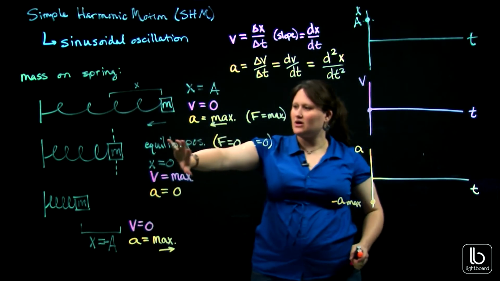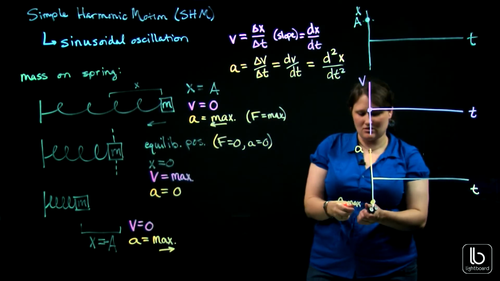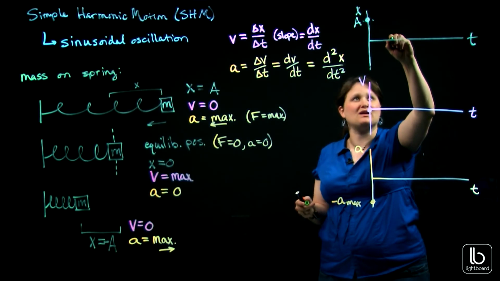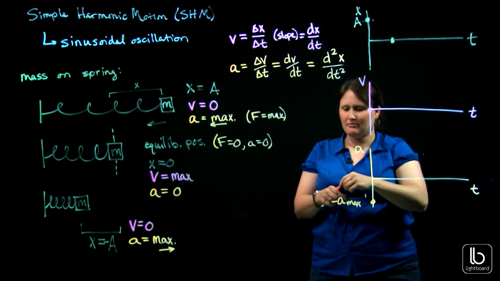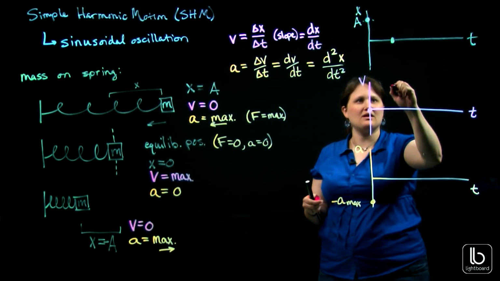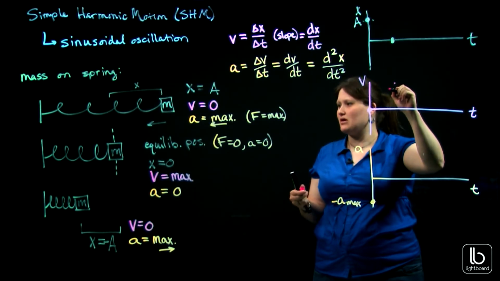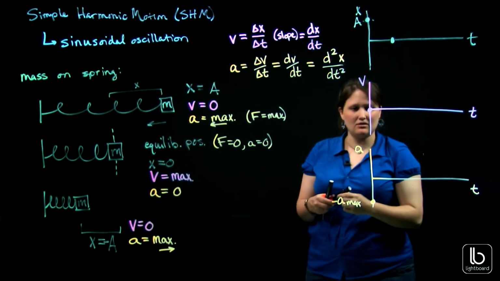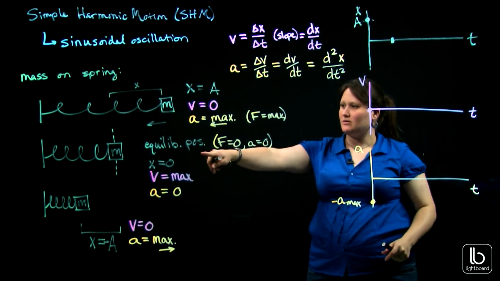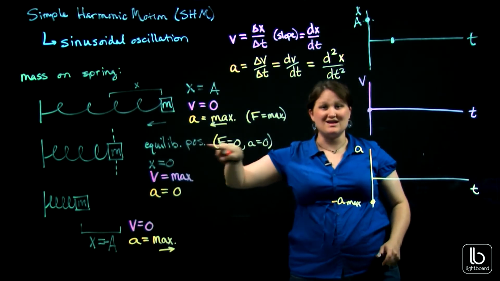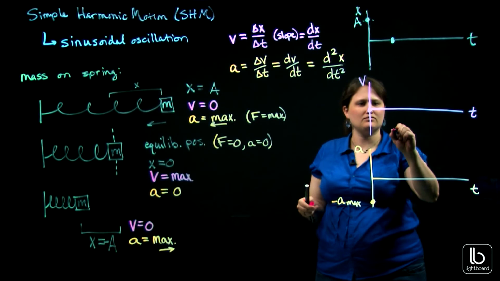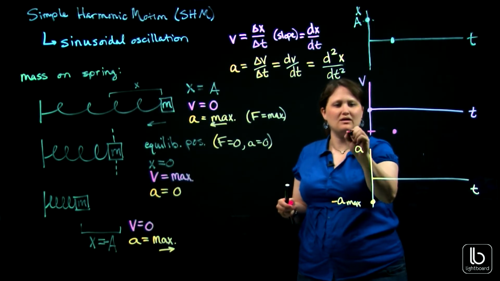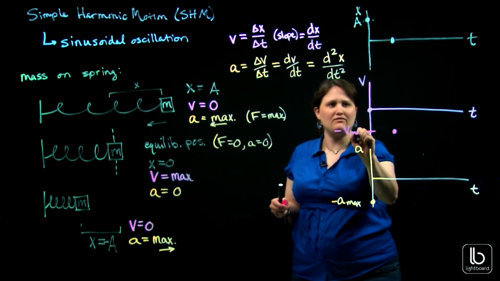Then as time goes on and I hit this equilibrium position, I know that my position, that equilibrium position, we say is 0. But the velocity at that point is at a maximum. And actually, to be more correct, the velocity is moving in a negative direction. So we'll say we're at negative Vmax here.